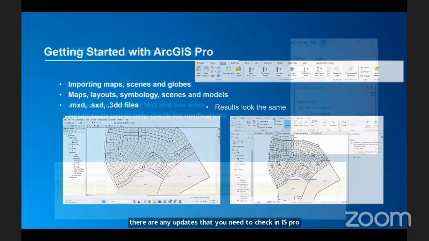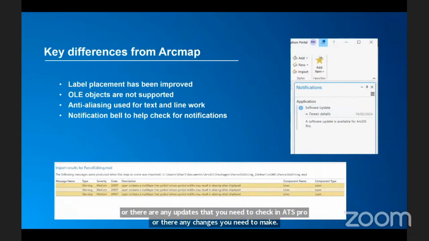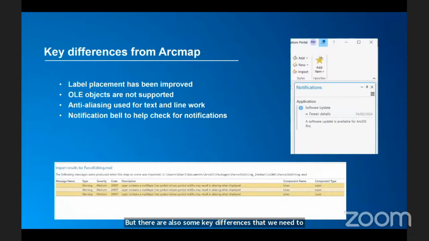But there are also some key differences that we need to watch out for as we migrate from ArcMap to ArcGIS Pro. These include the OLE objects, which is object linking and embedding, which are not supported in ArcGIS Pro. The label placement has been improved. With ArcMap, we used the standard label placement whereby we just have labeling for points, lines, and polygons.